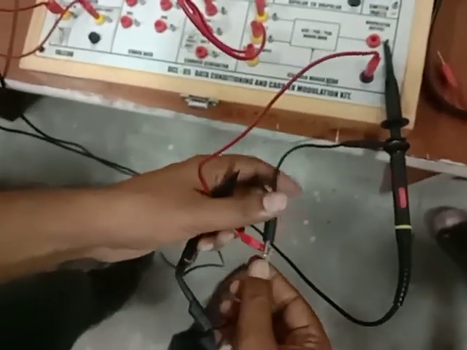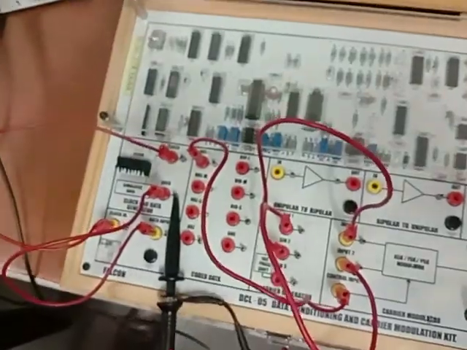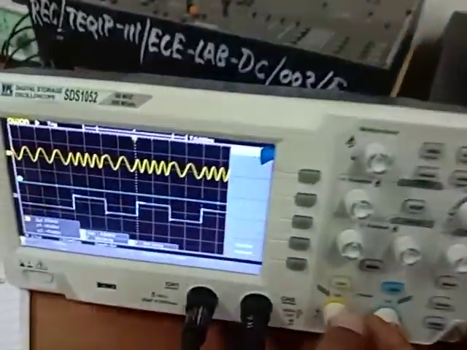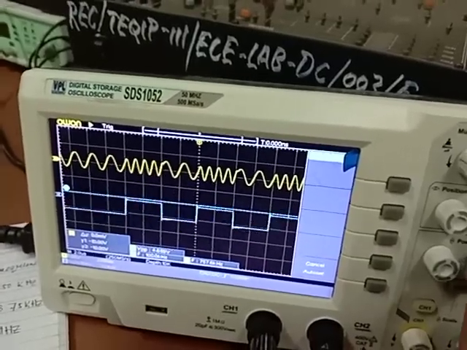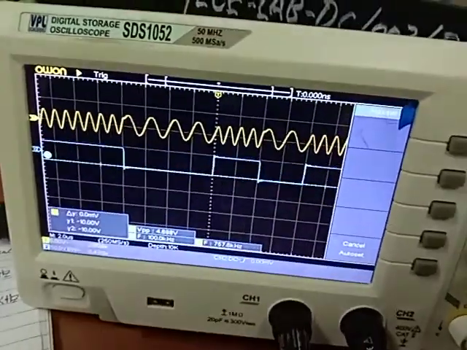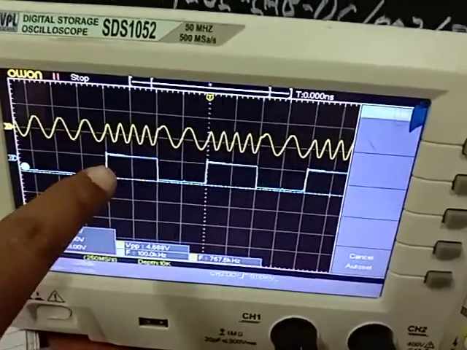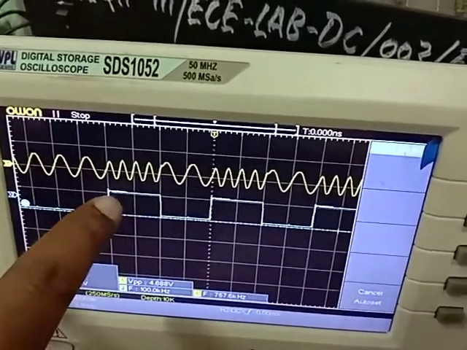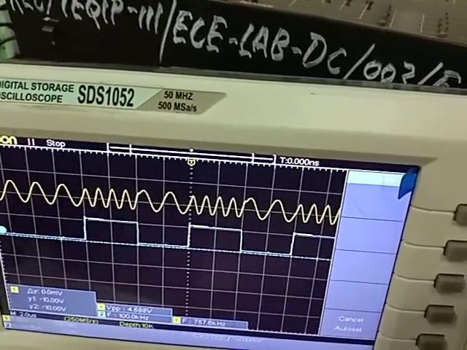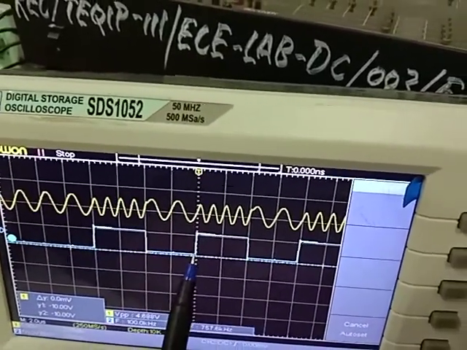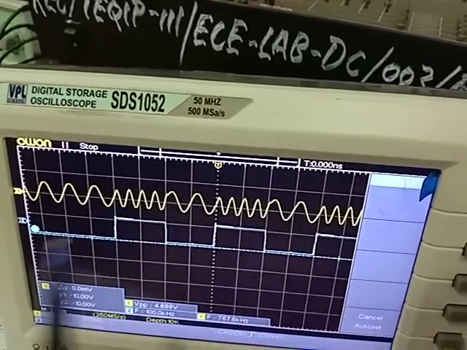We will connect the ground and take the input from the message signal. Now see, this is the value 1 and 1, and for this we will get the higher frequency, and this is the value 00, and for this we will get the lower frequency.